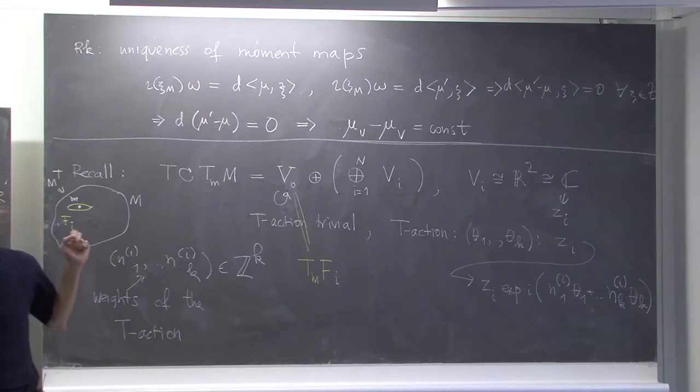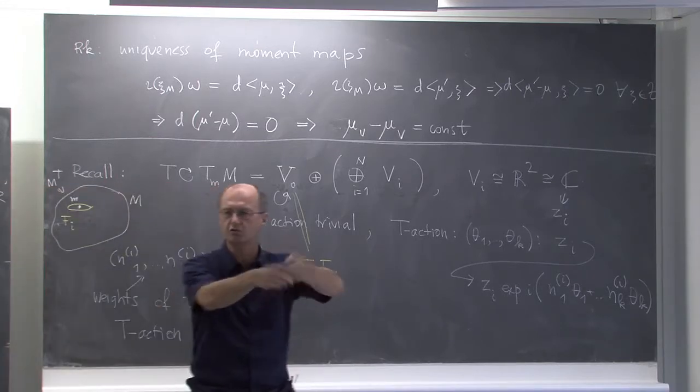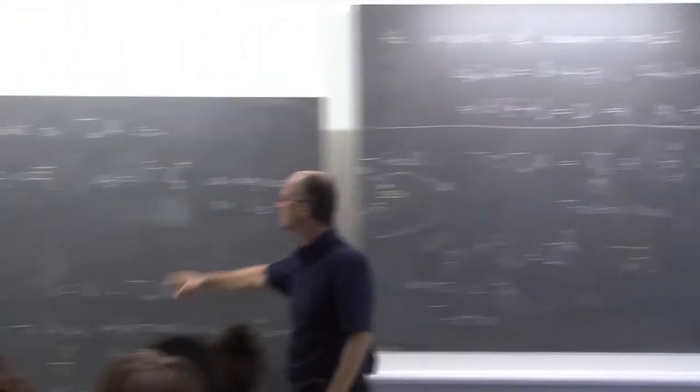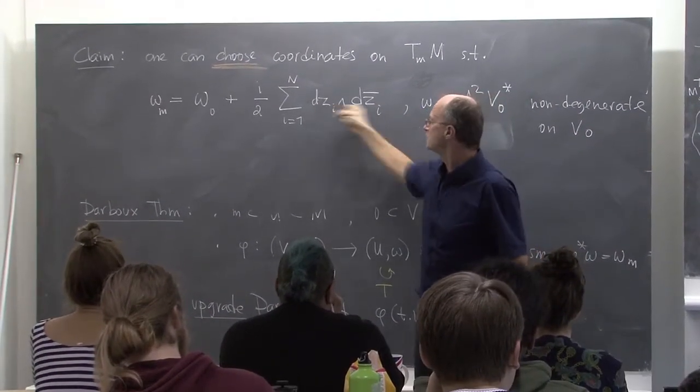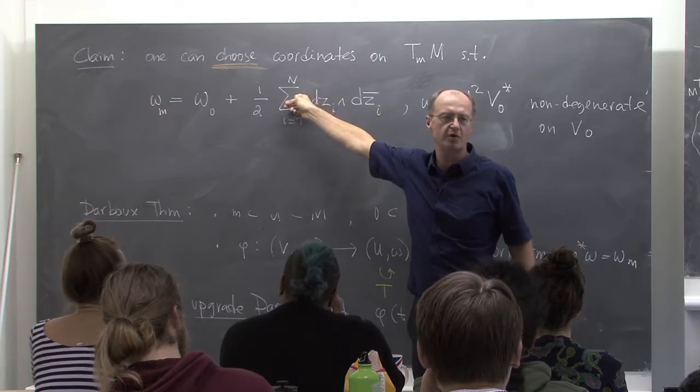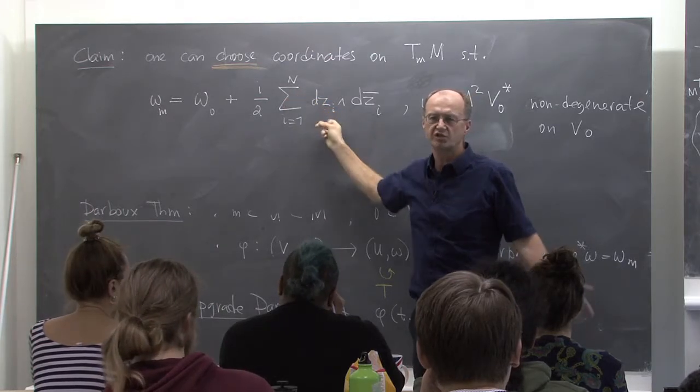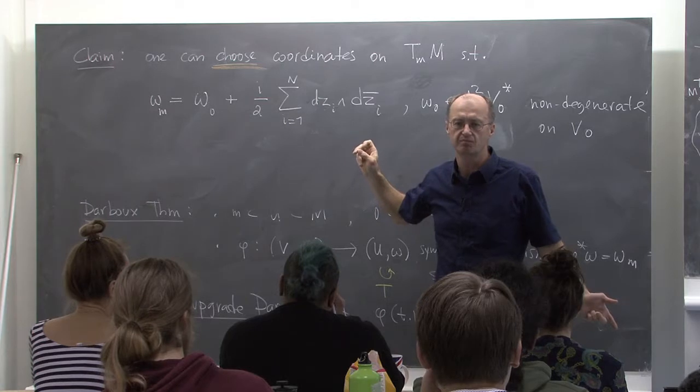But if weights are distinct and not equal to minus any other weight, then it's easy to see that the form has to be like that, possibly with some scalar multiple here, because otherwise it just can't be invariant.